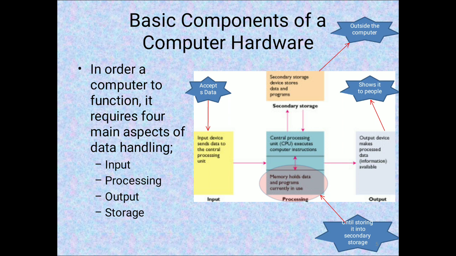One other unit in the CPU is the control unit, CU, which controls every work or function of the CPU, and output is obtained by the output devices, which show it to the people, right students?